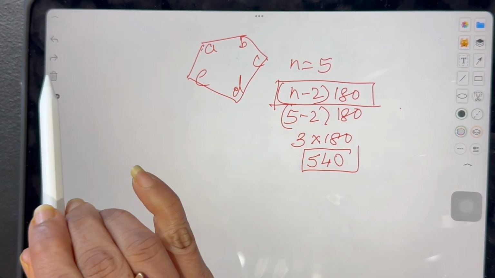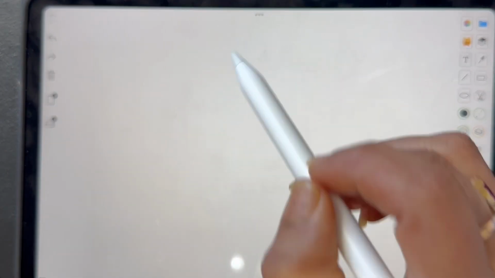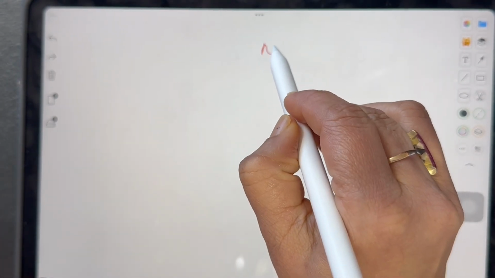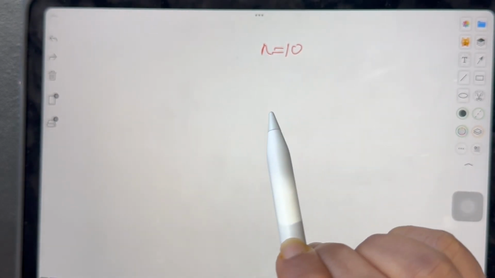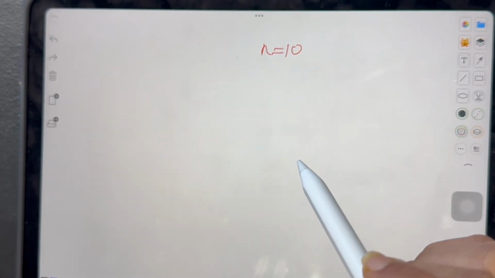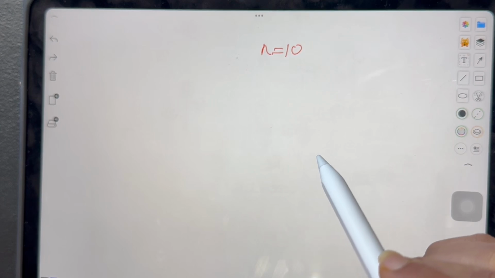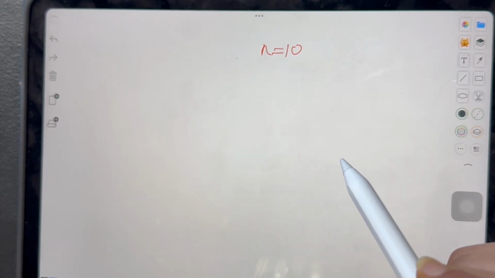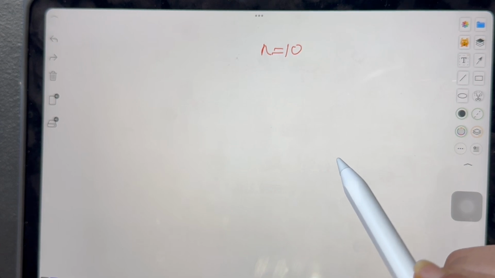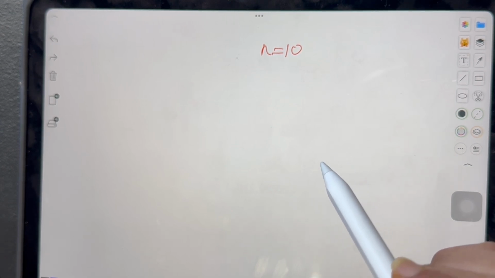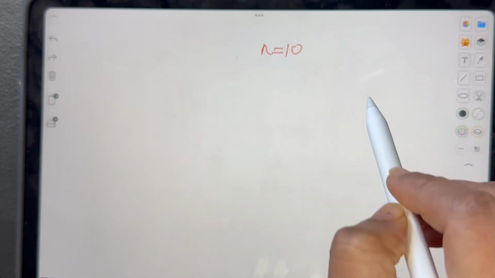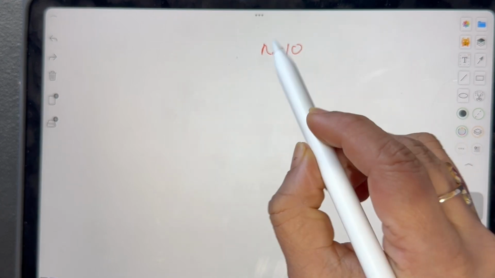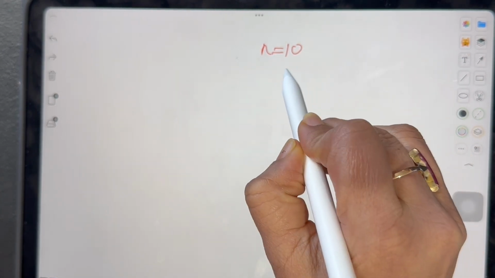For any kind of polygon, if the number of sides is 10, figure out the name of that polygon. 6 sides is hexagon, 7 is septagon or heptagon, 8 sides is octagon, 9 sides is nonagon, 10 sides is decagon, and you can find 11, 12, any number of sides. So if the number of sides of a polygon is 10, what will be the sum of the angles?